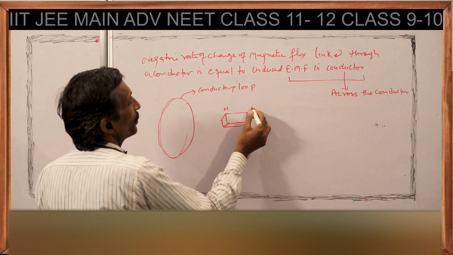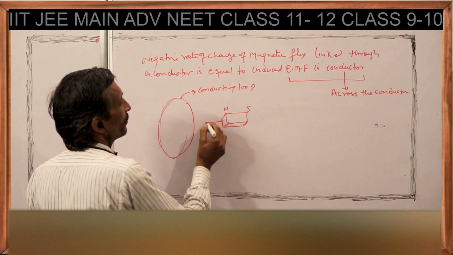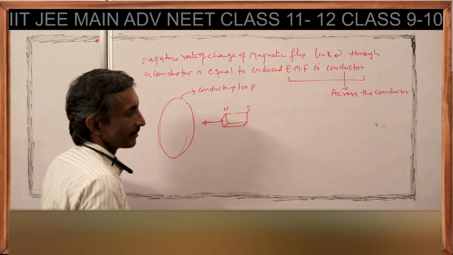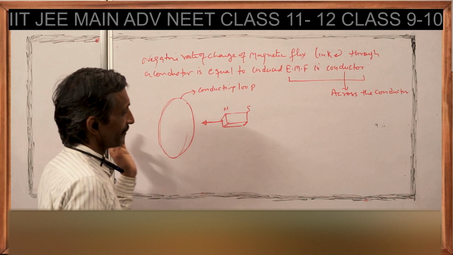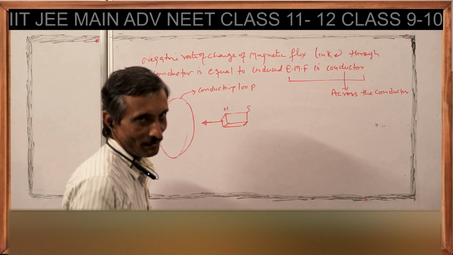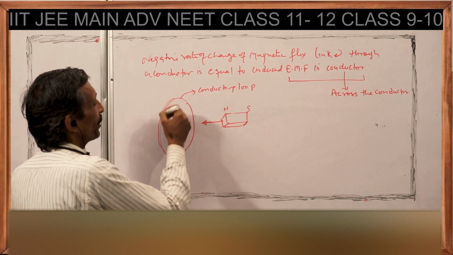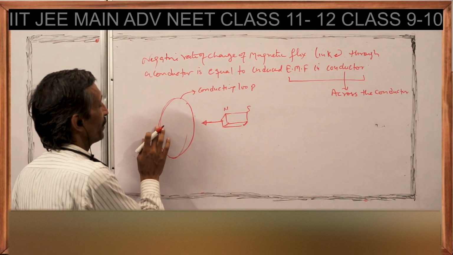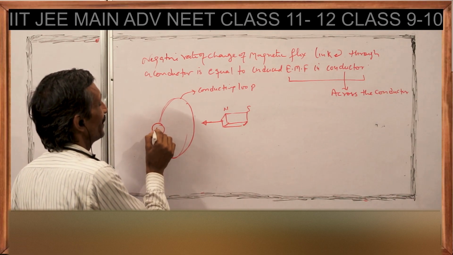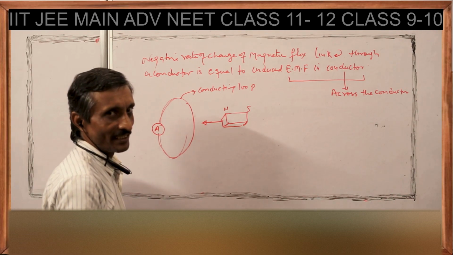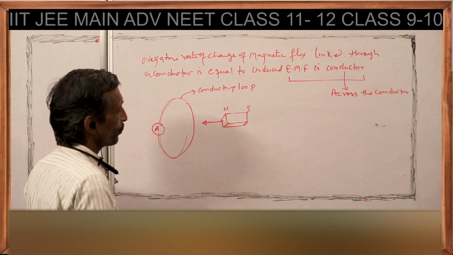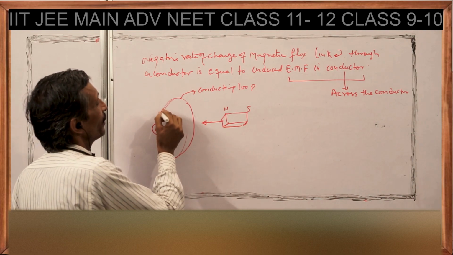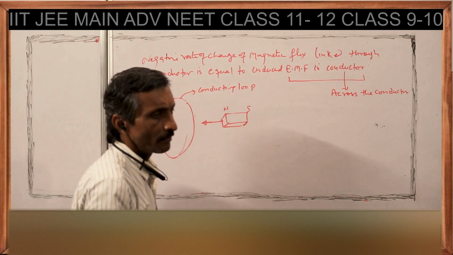This is the north pole, this is the south pole, and this magnet is moving towards this or moving away from this. Then we can measure that an induced current is developed in this. Suppose we connect a meter here, then we have a reading in the meter for the induced current. What will be the direction of the current? The answer will come after that.